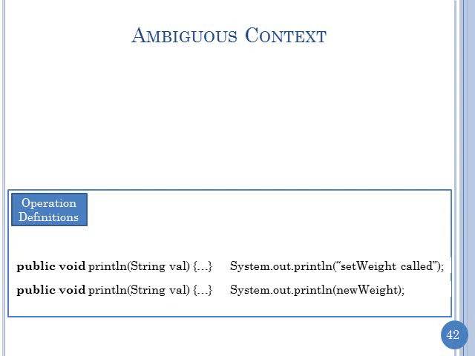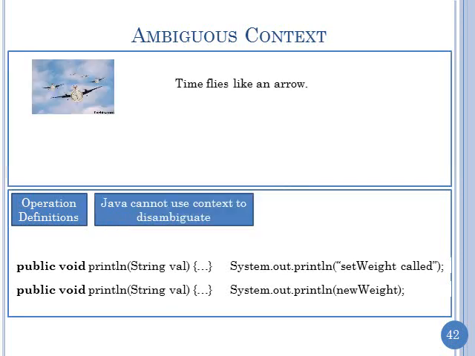Do we have such a problem in English that the context is ambiguous? No? Never faced it? So what does this mean? Fly is being used as a noun or a verb?